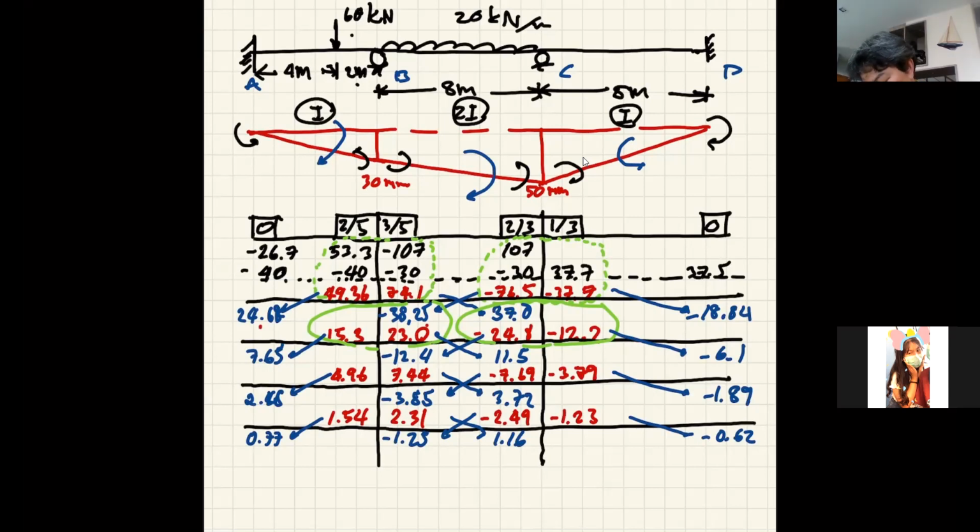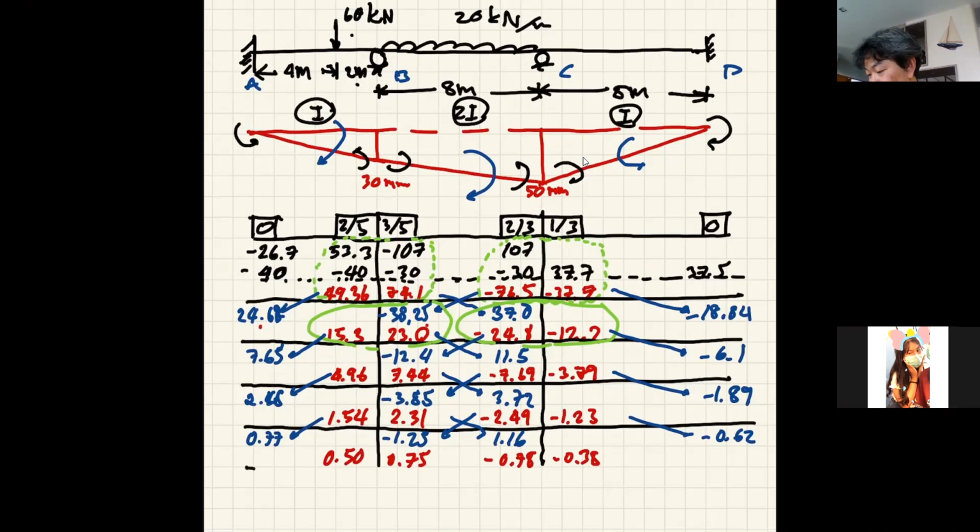So you need to balance it one more time before you can say, okay, I'm done. So here it's another balance. Minus 0.78 and minus 0.38. So after you balance it, that's it.